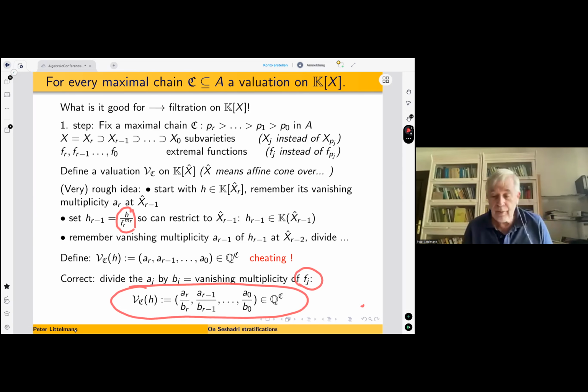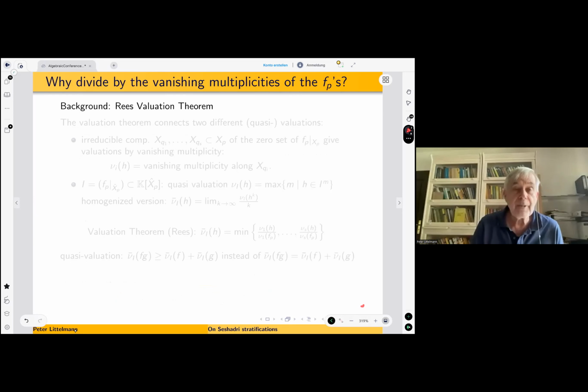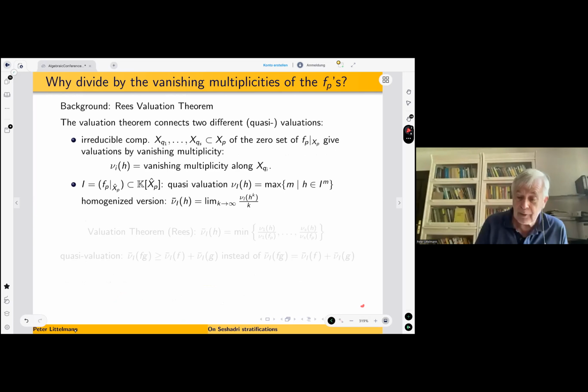Okay, so now you can of course say, why in the hell does anybody want to replace integers by rational numbers? Sounds stupid, but what is in the background in this construction is the valuation theorem, which is due to Rees, and which connects two different valuations, or rather quasi-valuations.